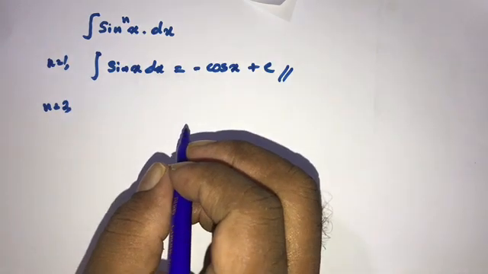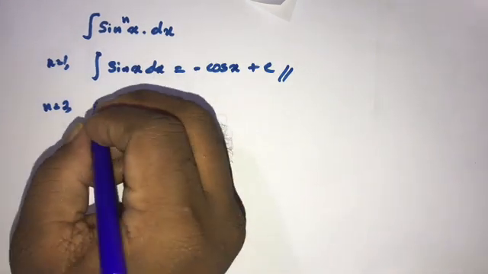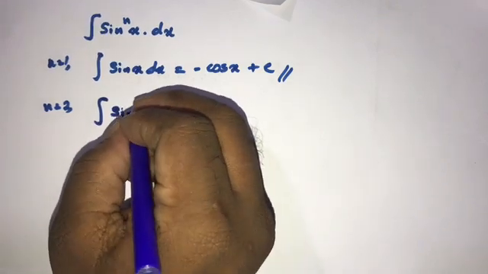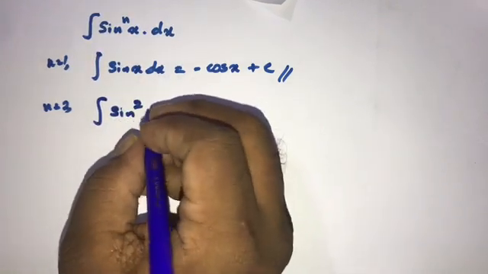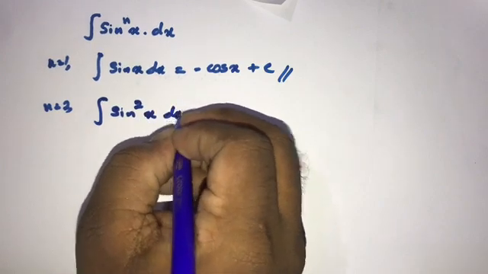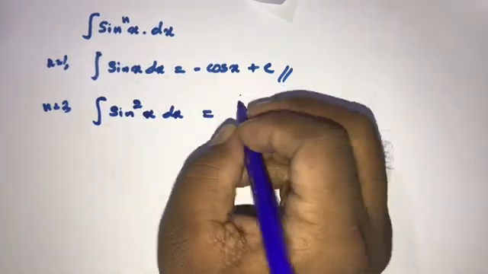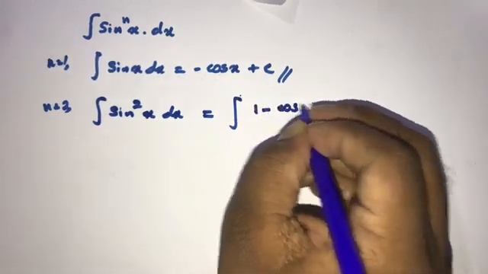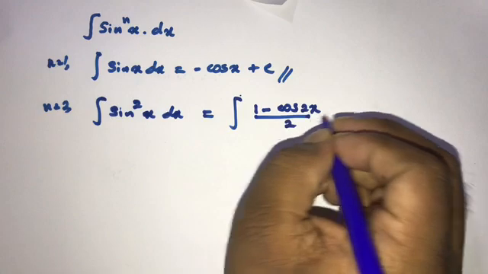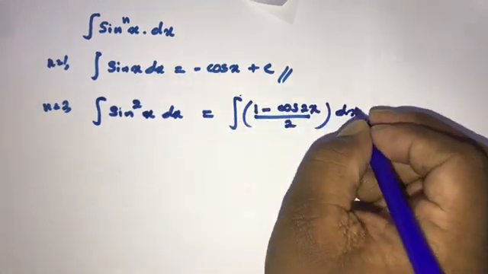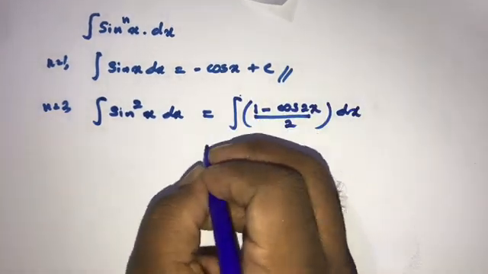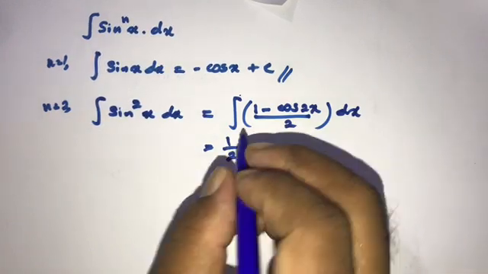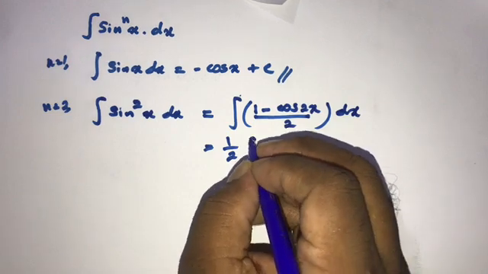Okay, let's start. When n is equal to 2, we have the integral of sine squared of x dx. Now you can use the trigonometric power reducing formula. So you can write the integral of (1 minus cosine of 2x) over 2 dx. Now 1/2 is a factor, so we can write it outside of the integral sign.